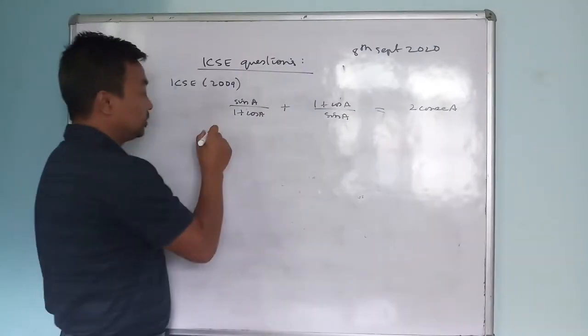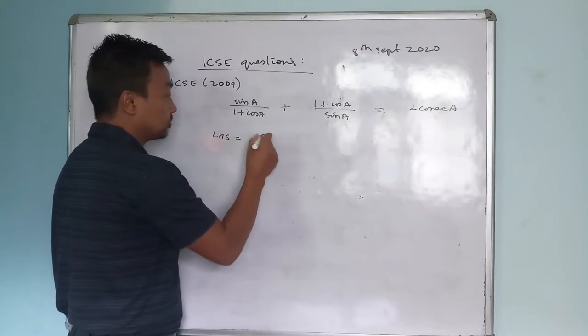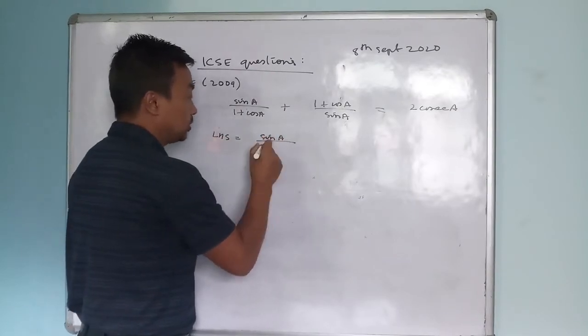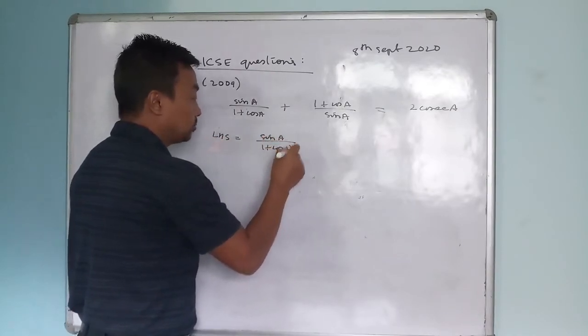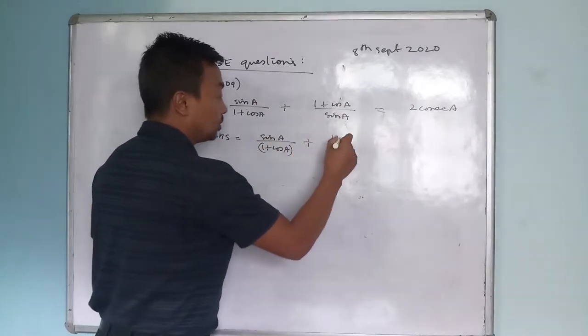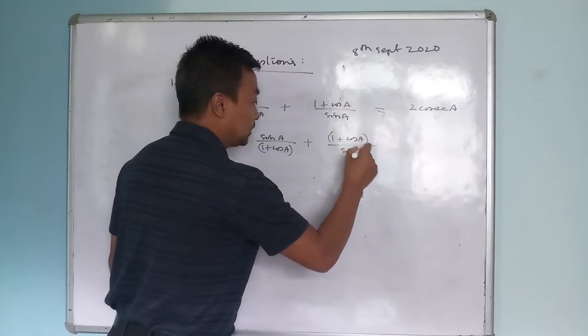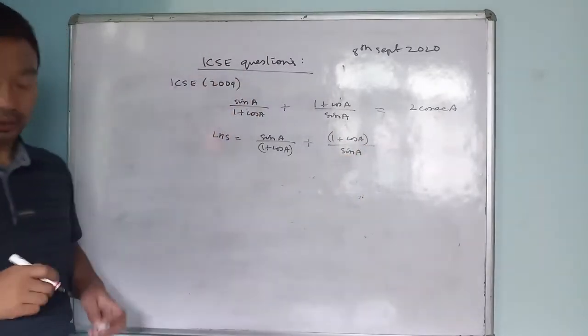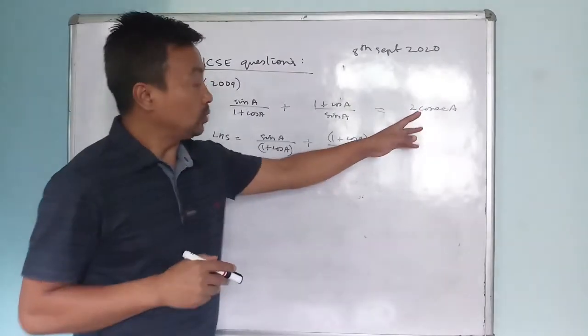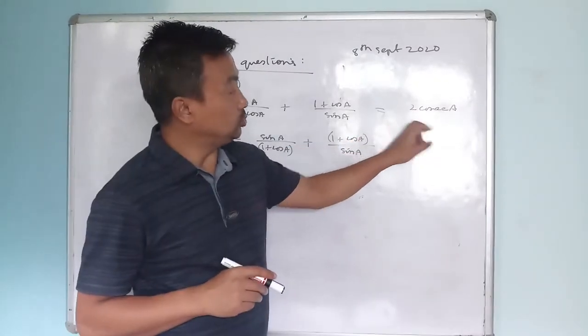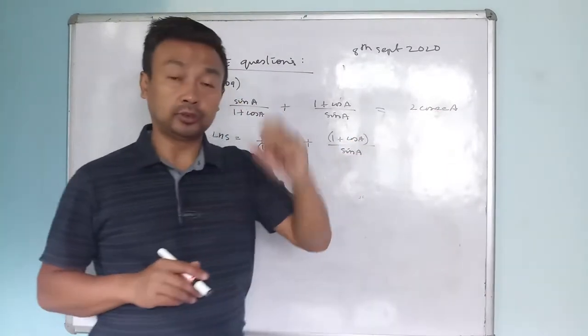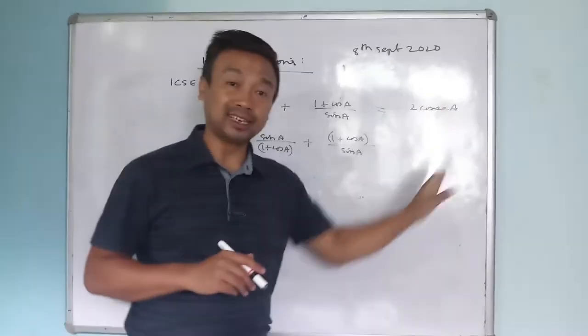Okay, so now let us take the left hand side. Sine A, 1 plus cos A, you can put this in a bracket. 1 plus cos A, this also you can put in the bracket upon sine A. Now if you look at the right hand side, you have got 2 cosec. Cosec is opposite of sine. Cosec is 1 by sine.